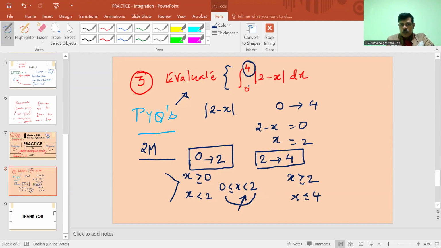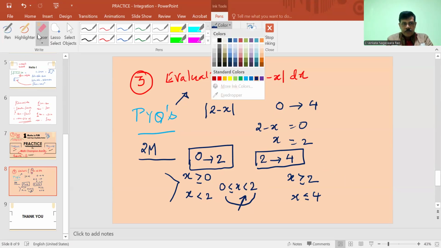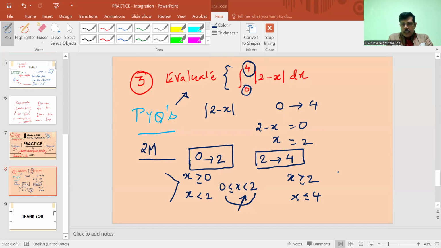So the inequality is 2 less than or equal to x less than or equal to 4. This inequality and the earlier one are our intervals.